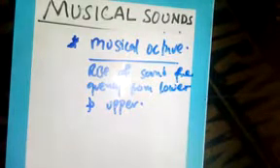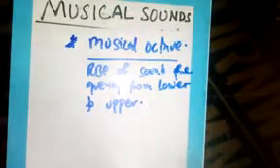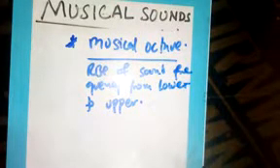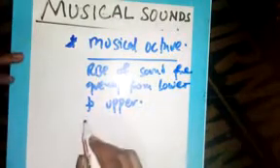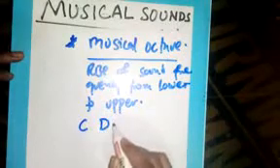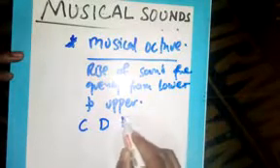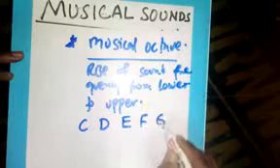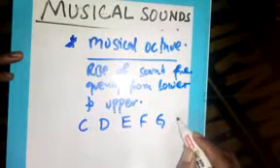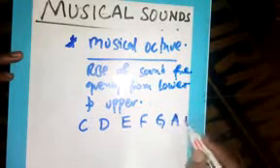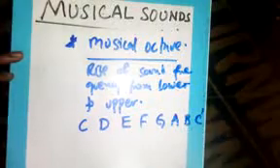For example, when we talk about our musical scale, we said we have C, D, E, F, G, A, B, and C dash.